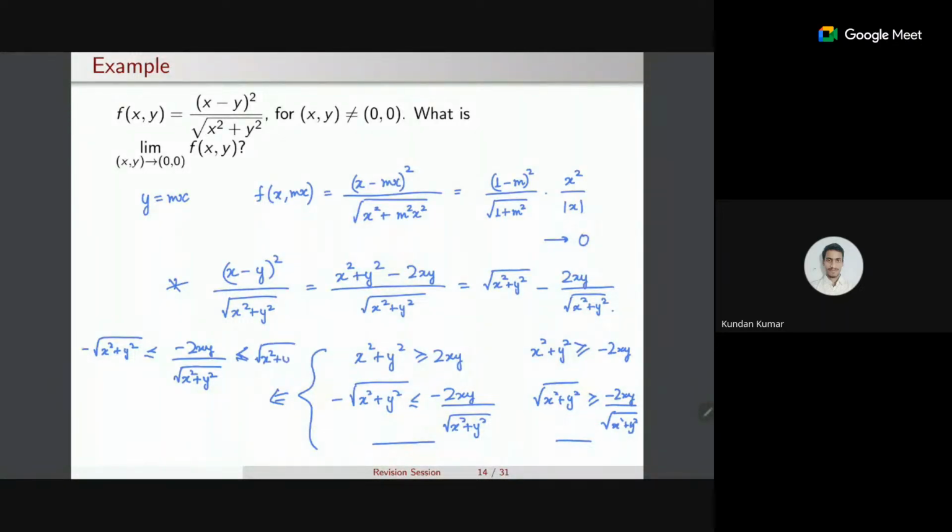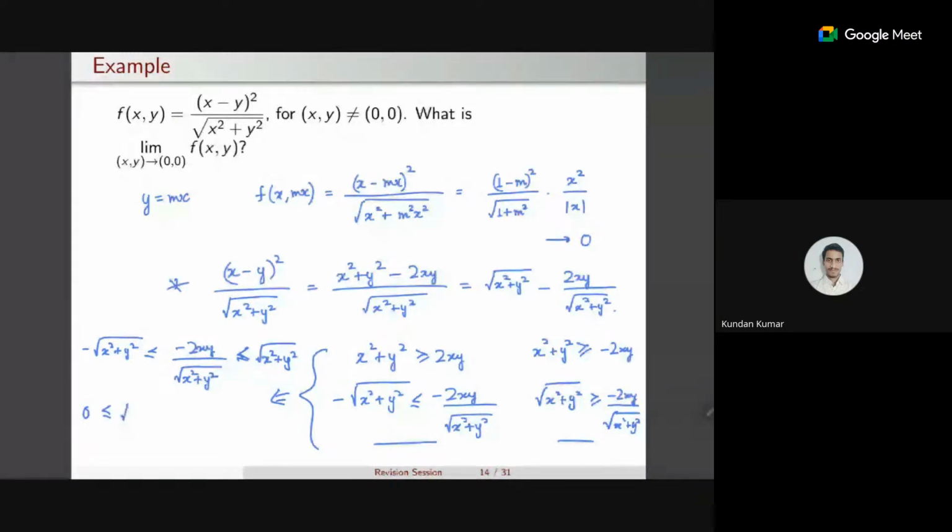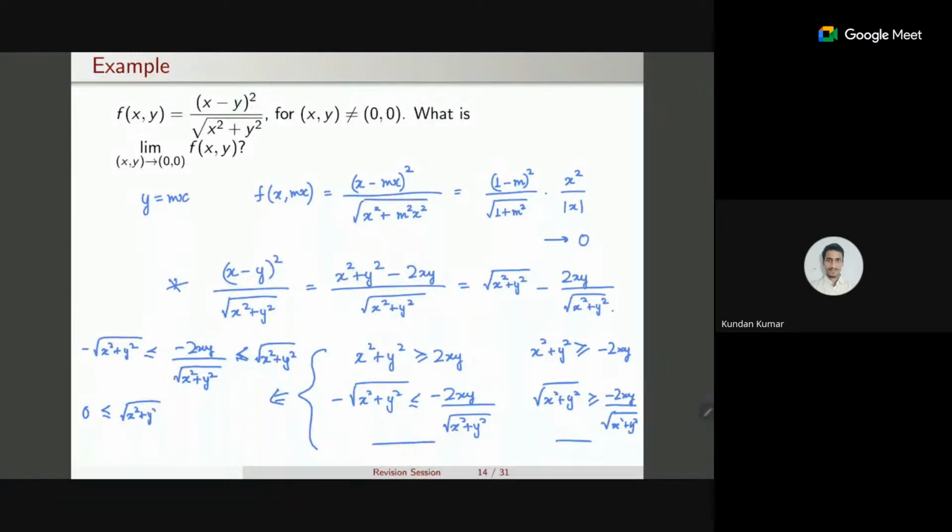So now if I add the square root of x squared plus y squared throughout, which is a positive number, adding is fine anyway, I get that 0 is less than or equal to the square root of x squared plus y squared minus 2xy divided by the square root of x squared plus y squared, which is less than or equal to 2 times the square root of x squared plus y squared.